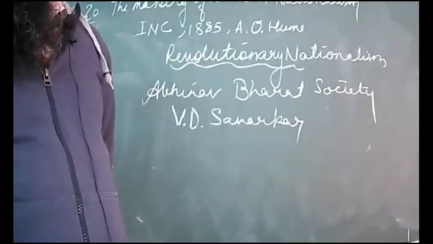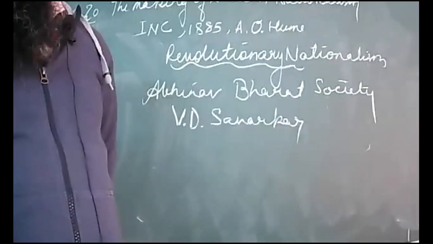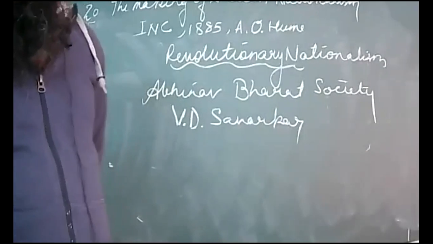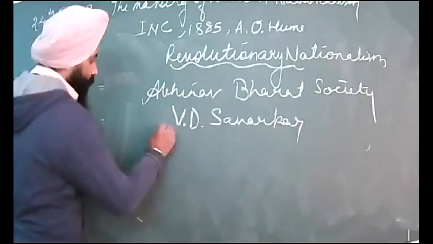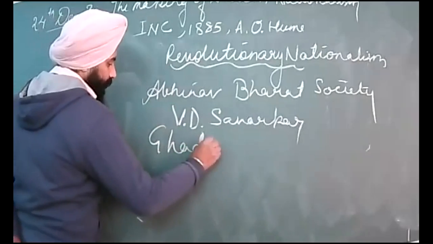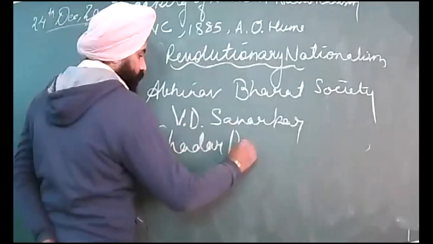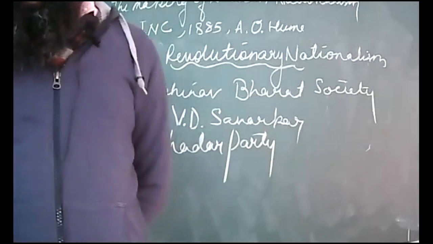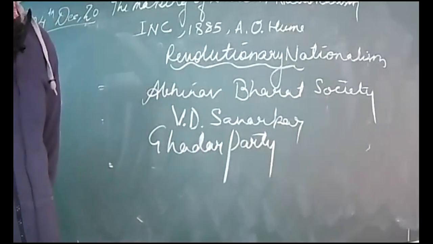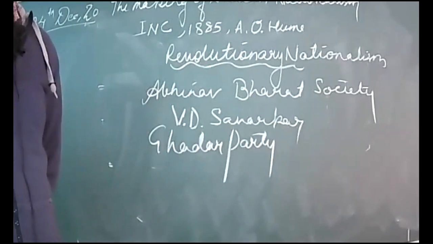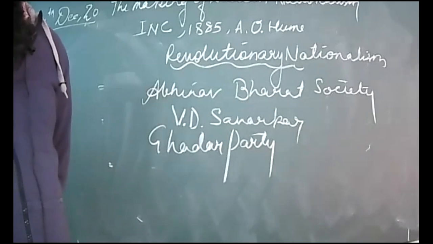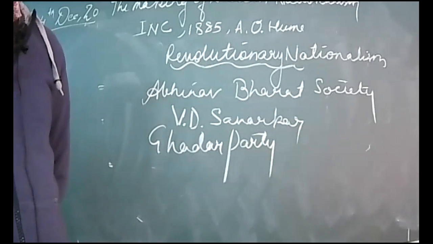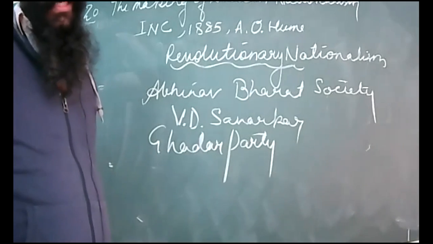Some of the revolutionaries even started organizations outside India, like the Gadar Party. The Gadar Party operated mostly in Canada and the United States of America. It sent arms and ammunition to revolutionaries in India.